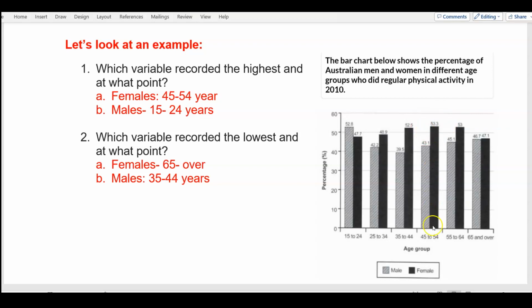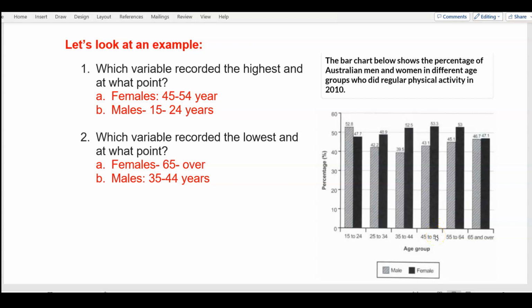So the age group that recorded the highest among all the other ages is females from 45 to 54. The females between 45 and 54 recorded the highest number among all the other age groups.